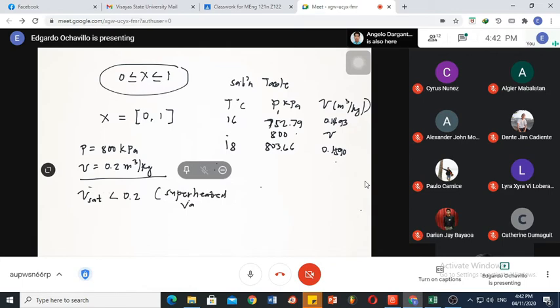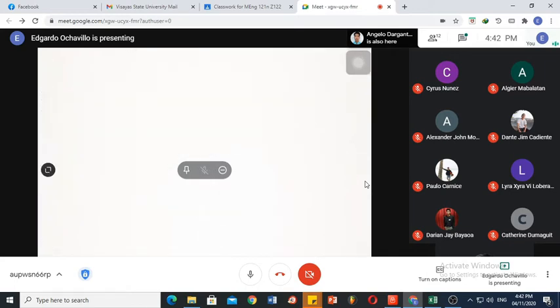So we cannot use the saturation table anymore because you cannot find the 0.2 there, 0.2 cubic meter per kilogram, right? So now we will use the superheated table for ammonia at 800 kilopascal.